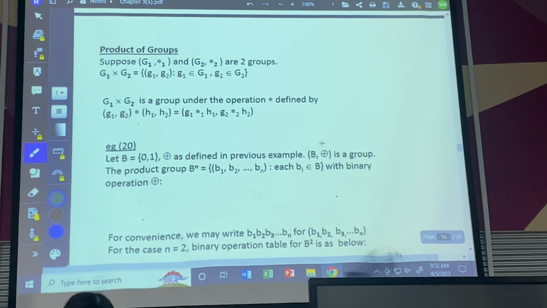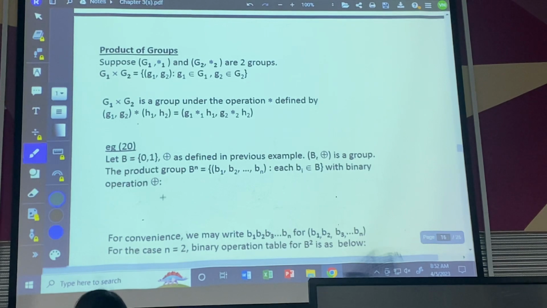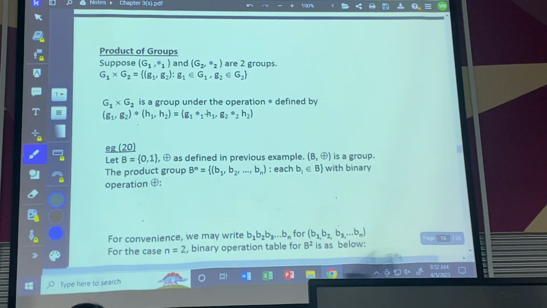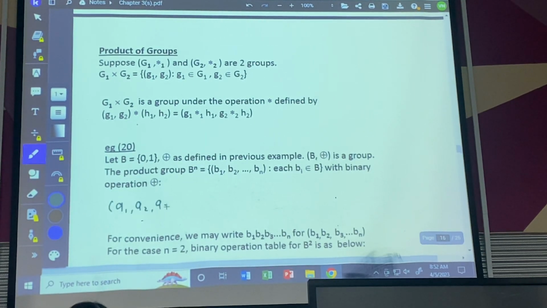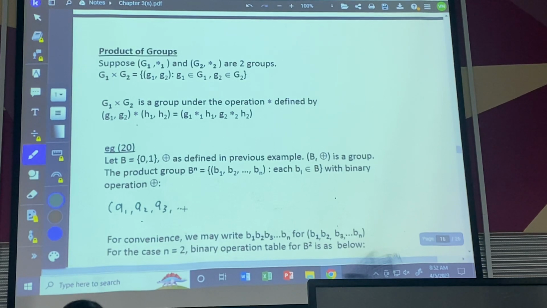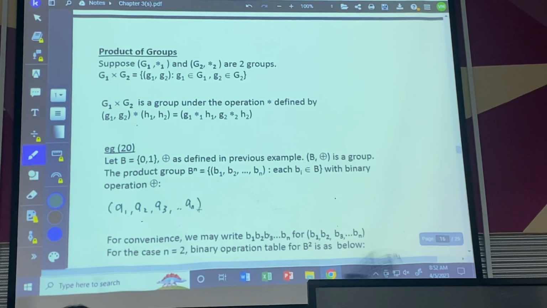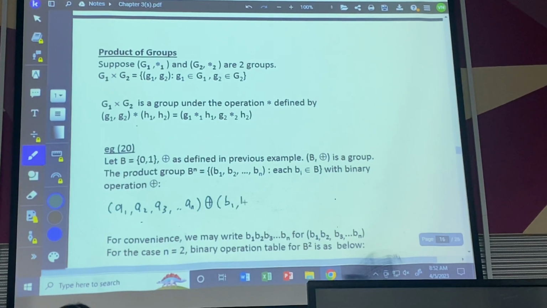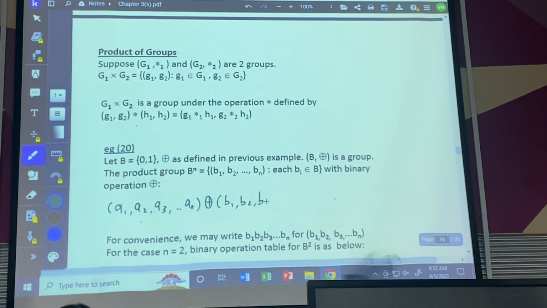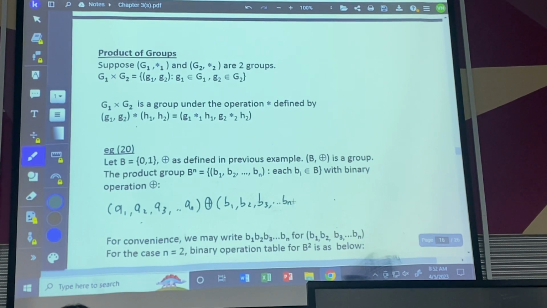Then, if the binary operation now is exclusive OR, what you can write is, from the first set, you have A1, A2, A3, and so on until An, exclusive OR with the second set, B1, B2, B3, until Bn.